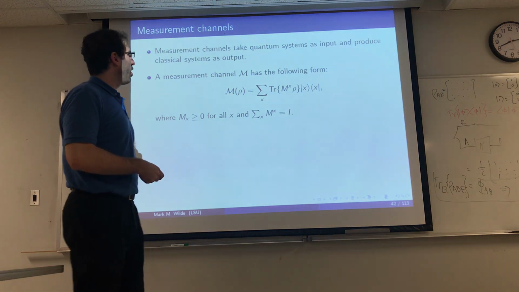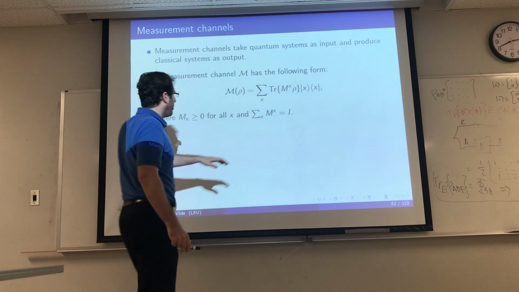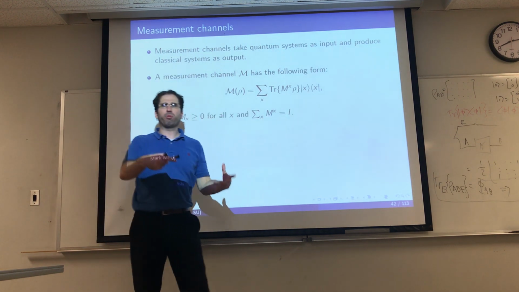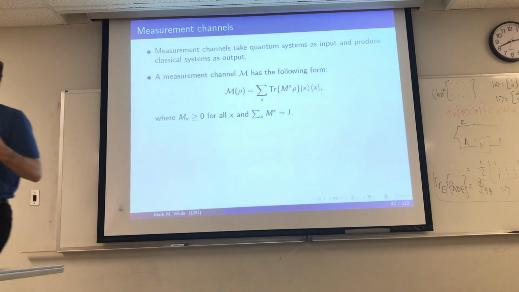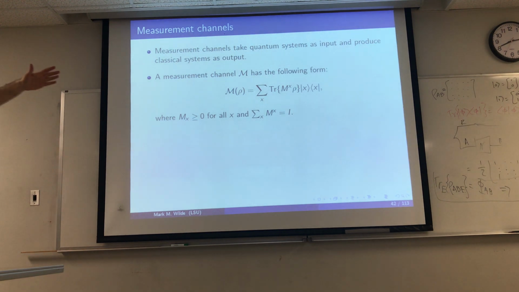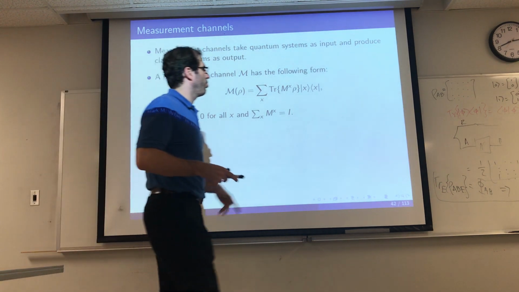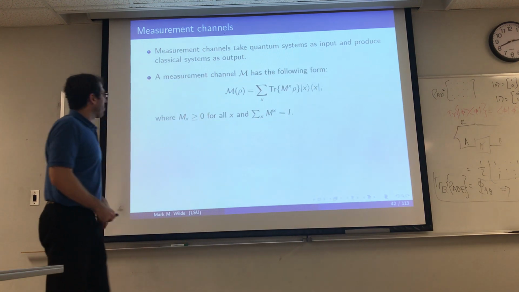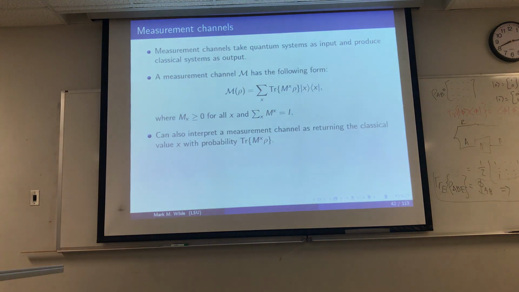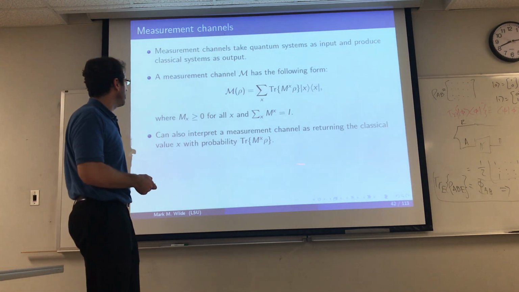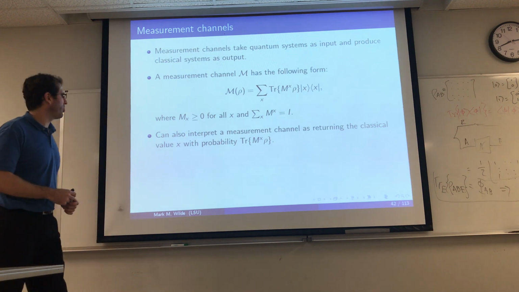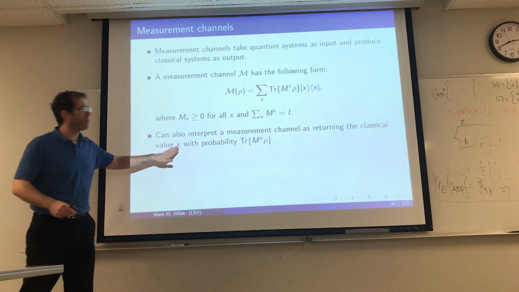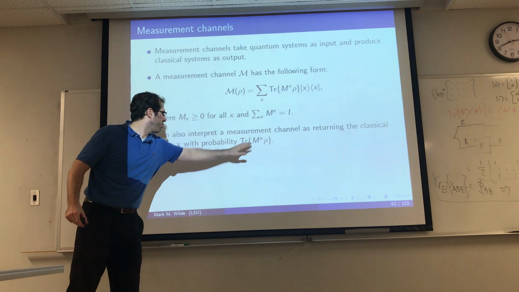And then these classical states correspond to what you observe: the click in one port or not in the other port, or vice versa. Another interpretation, which is related to what we were saying over here, is that the measurement channel is returning this classical value x with this probability.